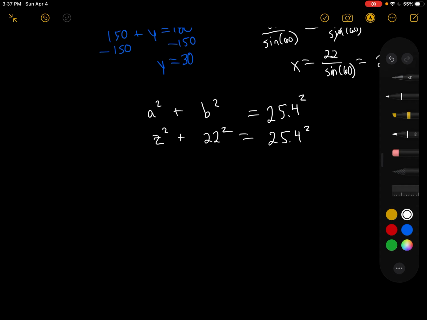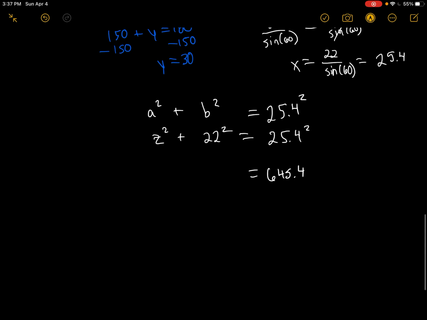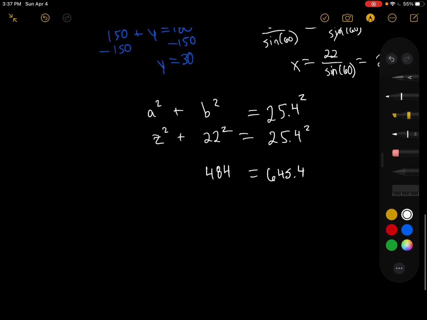So we can go through and evaluate these things. So 25.4, we'll take that and square it. We should get about 645.4. And then we'll take 22, we'll square that, get 484.